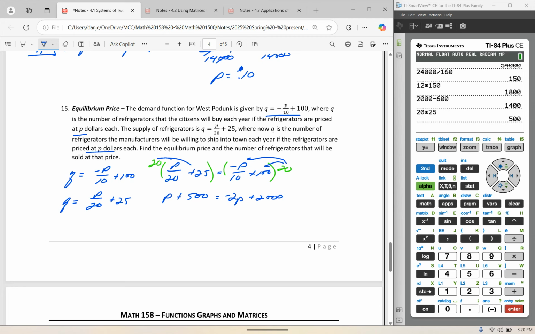So, adding 2P to both sides, subtracting 500 from both sides, P is equal to 500. So $500 is what the price should be in order to reach equilibrium.